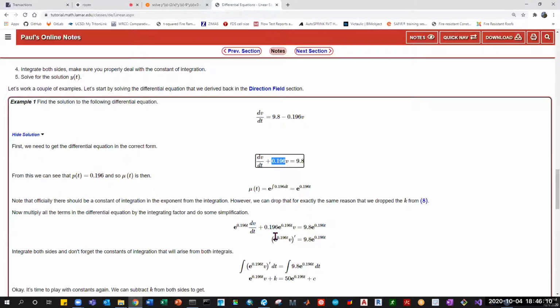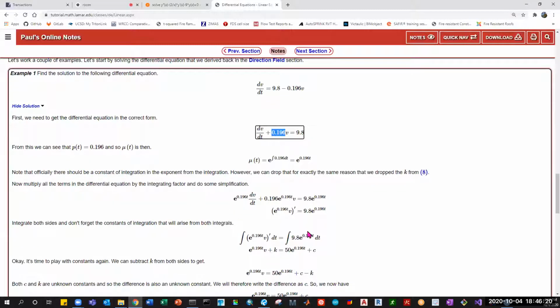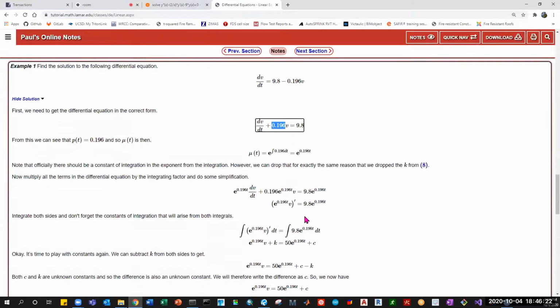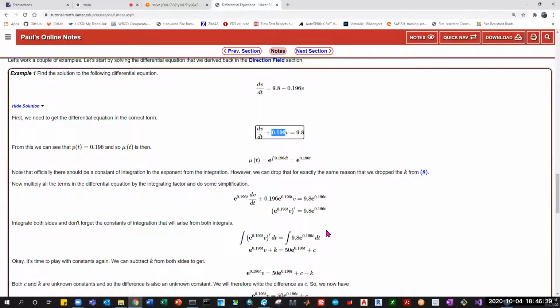Can you have a variable as your P(t), or is it always a numerical answer? It can be a variable. It doesn't have to be a constant. Let's say you have two variables, like an x and a y, how do you know which one is the variable as part of your P(t)? Like if you had a 0.196 xy in there.